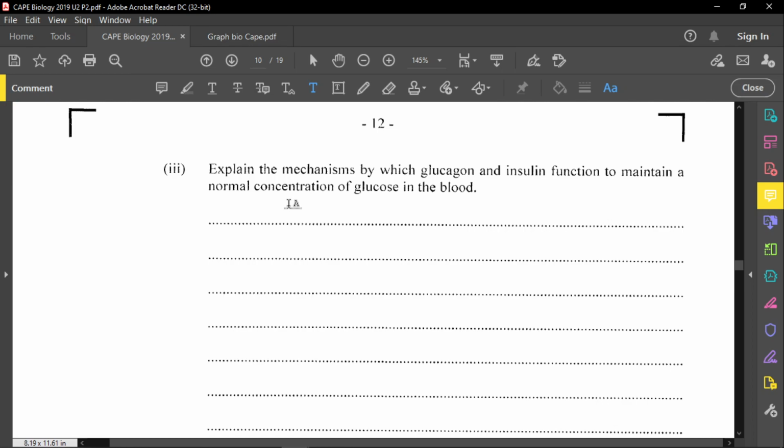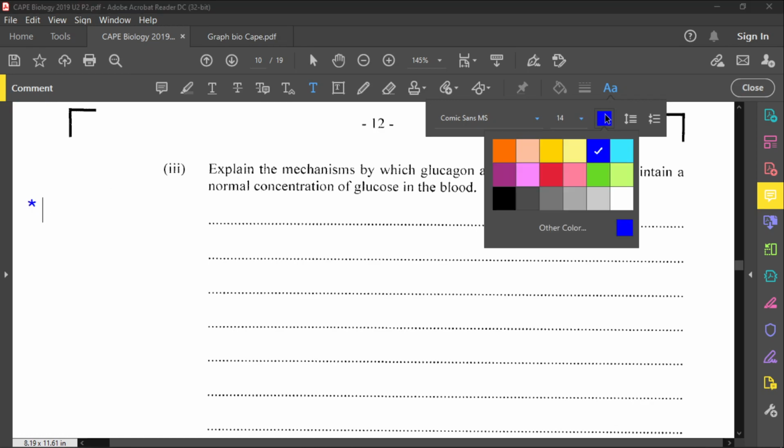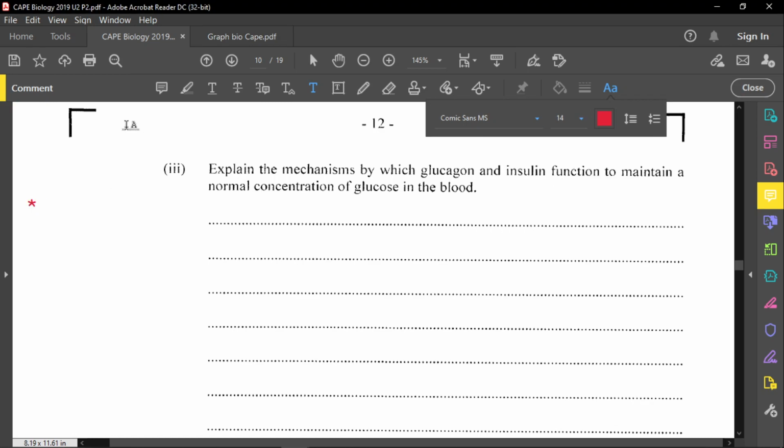glucagon and insulin is that they are two hormones that are produced by the pancreas. However, they are produced by the islets of Langerhans. So I'm going to make a note of that. So both of them are produced, and I'll put this in red, as a side note right here. This is not even answering the question. I just want to give you this bit of information.